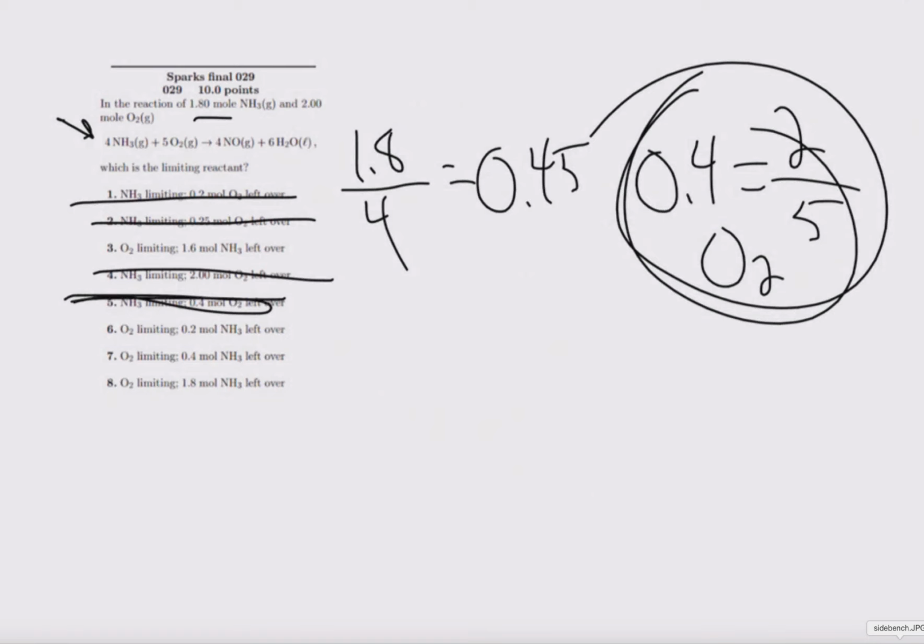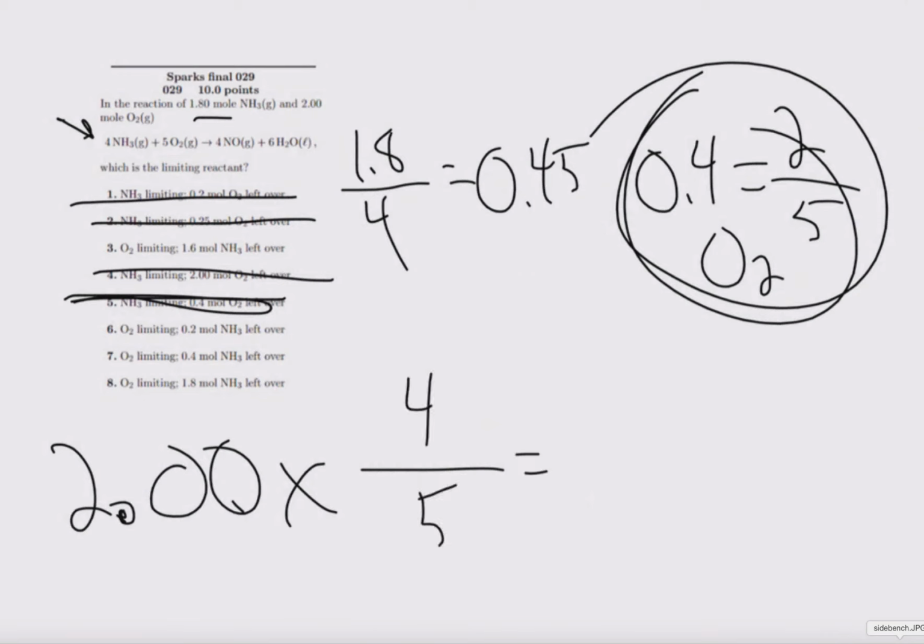How much is left? Well, if I use 2.00 moles of oxygen, and the ratio of ammonia to oxygen is 4/5, then that means I used 2 times 4 over 5, which is 1.6 moles of ammonia.